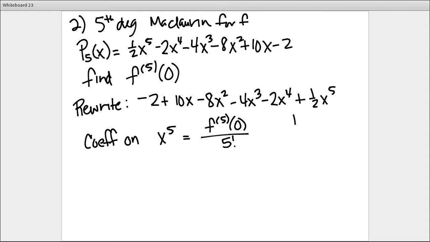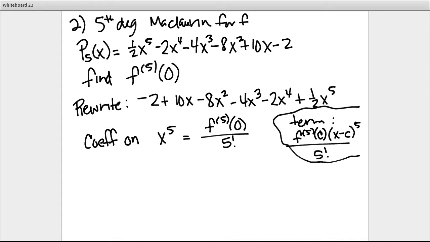Because the term for the 5th degree term would be the 5th derivative evaluated at c, which in this case is 0, times x minus c to the 5th power, all over 5 factorial. That's how we were getting the terms. But your c is 0 here because it's Maclaurin, so that's how I know the coefficient would just be the number in front of it. There's your coefficient.